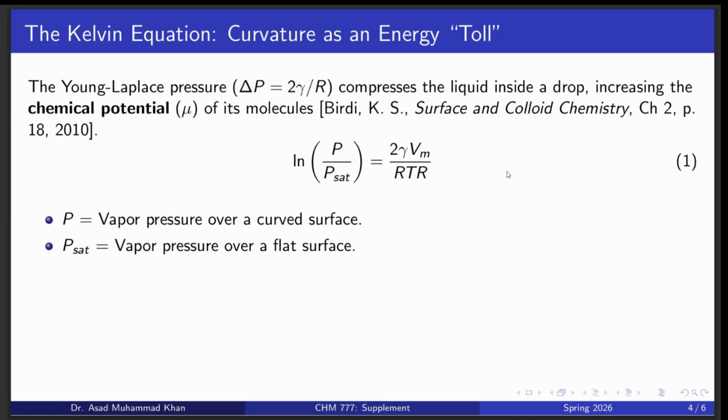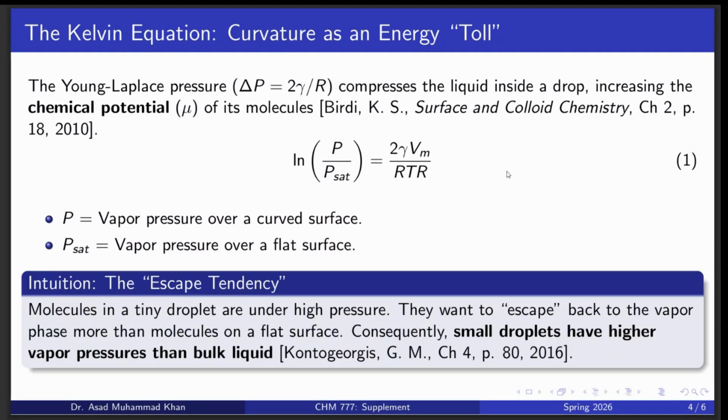So this is the vapor pressure over a curved surface relative to the vapor pressure over a flat surface. We see that the molecules in a tiny droplet are at high pressure. They want to escape back to the vapor phase more than molecules on a flat surface. Consequently, small droplets have higher vapor pressure than bulk liquids.